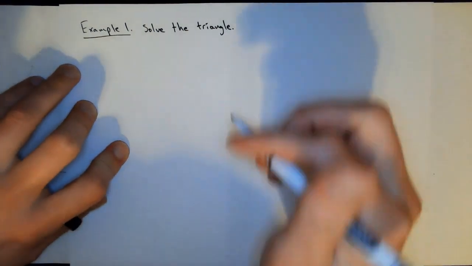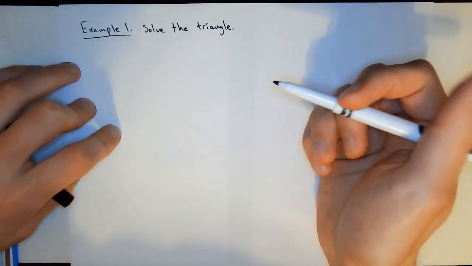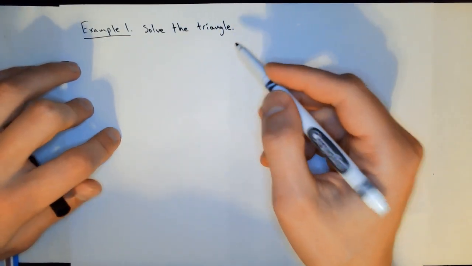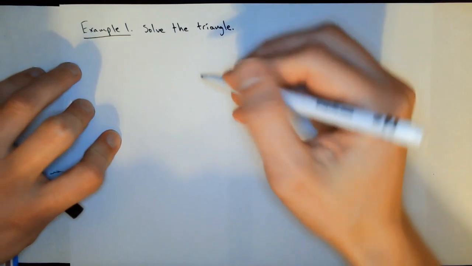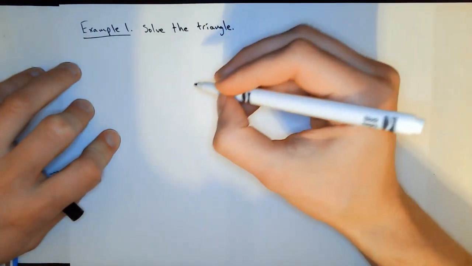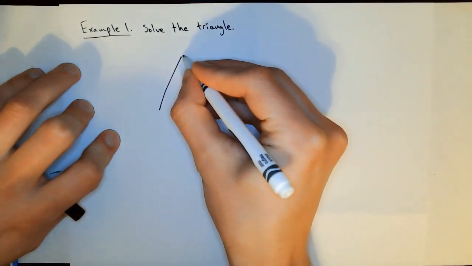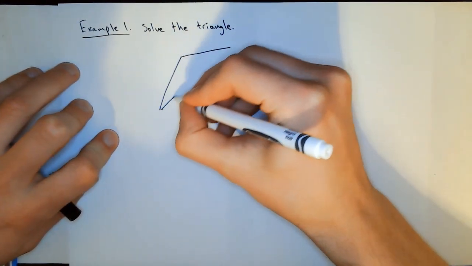For this first example, pretty much actually for all of the examples, we're going to be solving triangles. Solve the triangle. Remember, that means find all of its sides and all of its angles. So let me draw the triangle here. Okay.